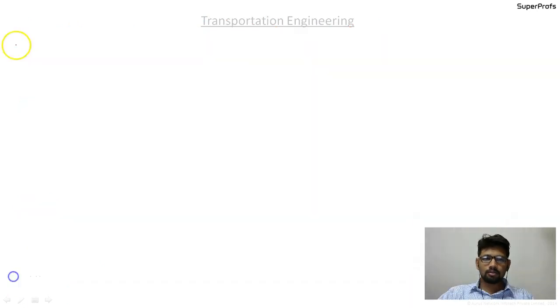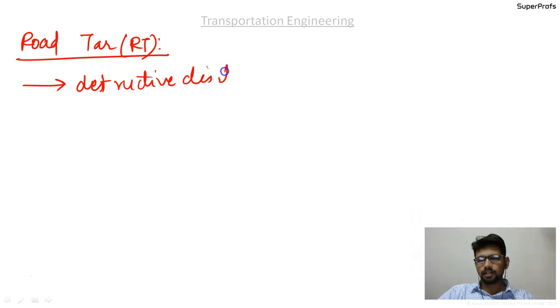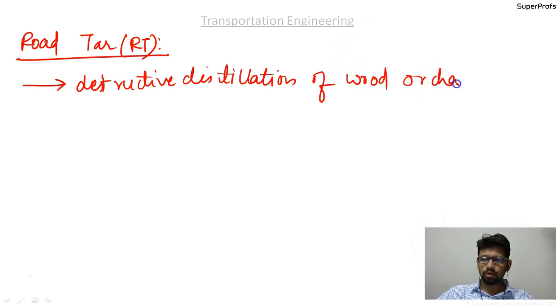Okay, so next we are going to discuss is the road tar, RT. It is obtained after destructive distillation of wood or charcoal.